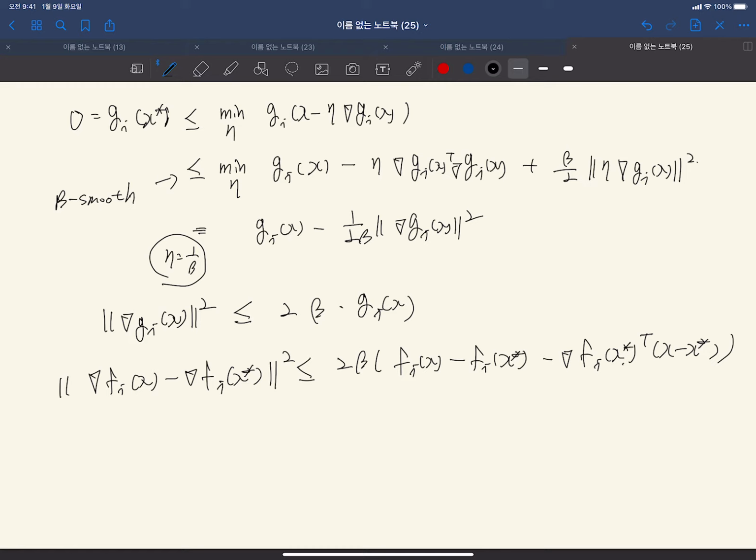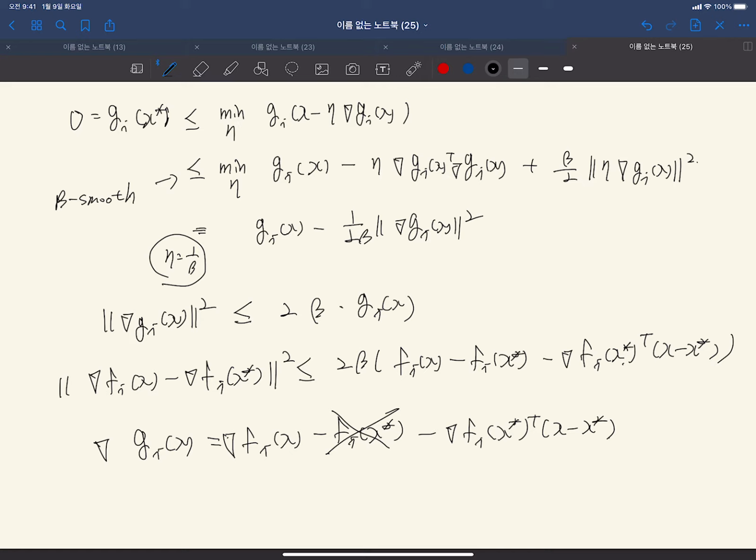Why? From the definition of g_i(x), g_i(x) was f_i(x) minus f_i(x star) minus gradient of f_i(x star) transpose (x minus x star). When you take the gradient here, since this is constant, you can remove this.